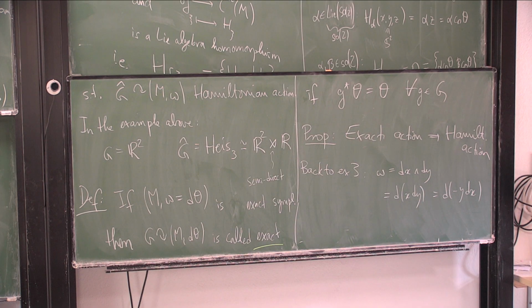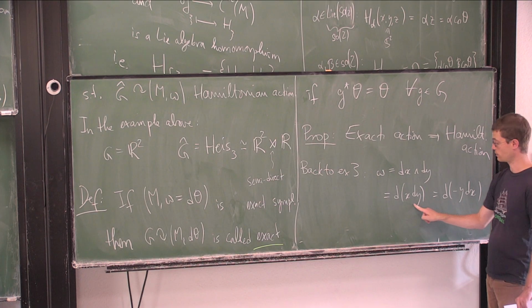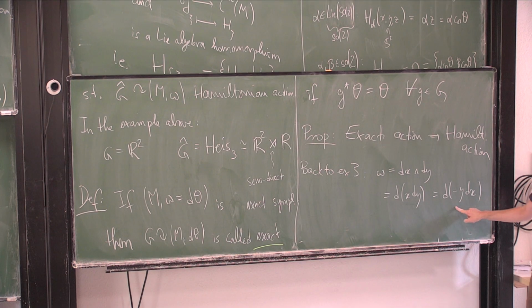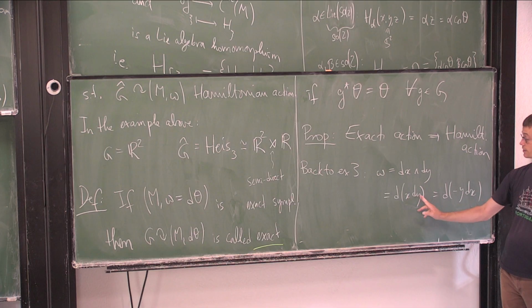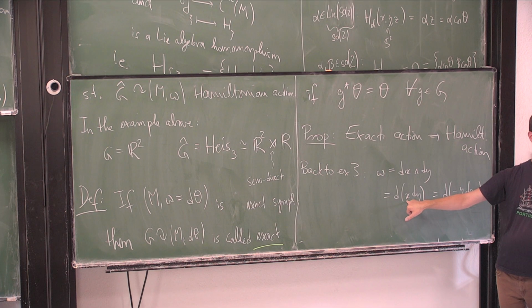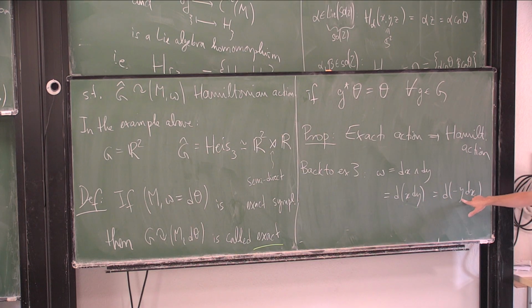So you can ask, is this one-form preserved under this translation action? This one, for example, is of course invariant if I translate y, but it will change if I translate x. And this one is the opposite. This one is fixed if x changes, but not when y changes.